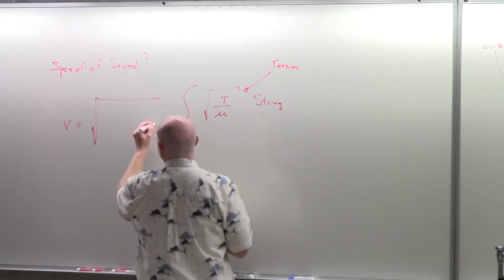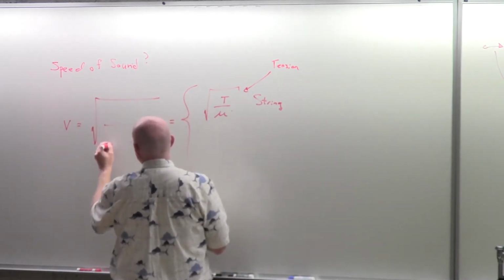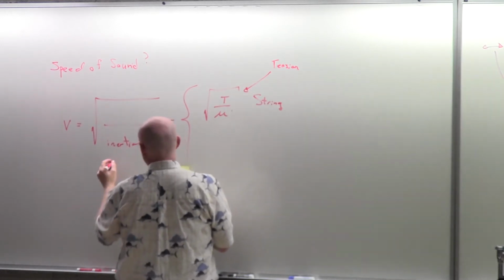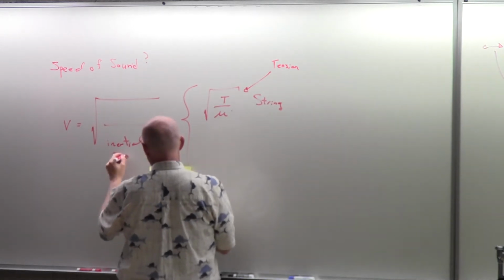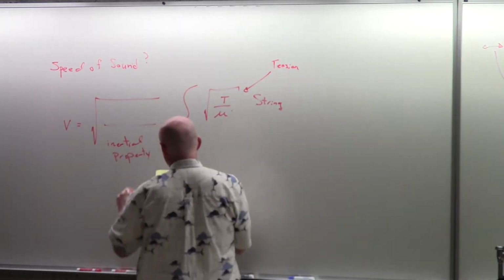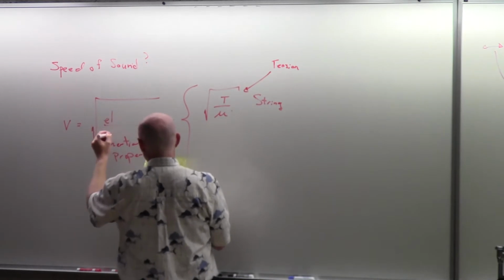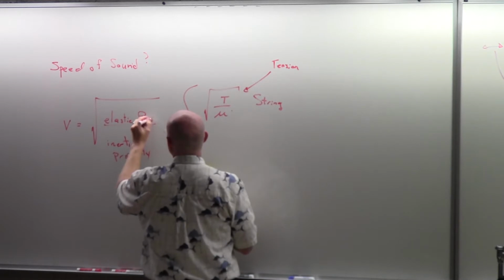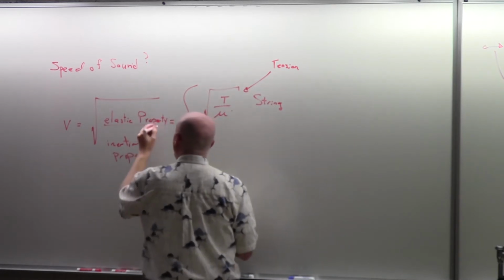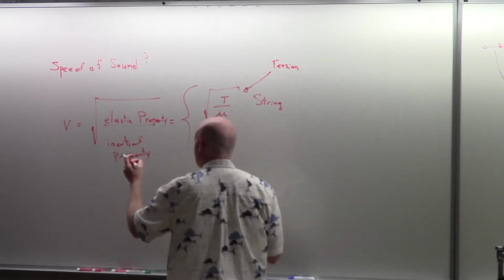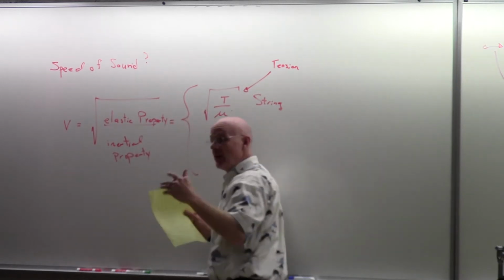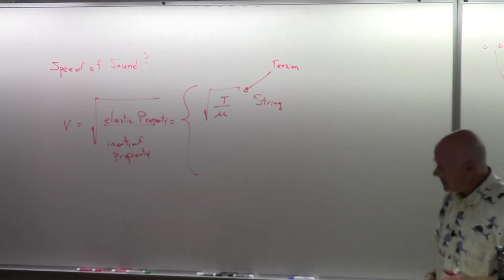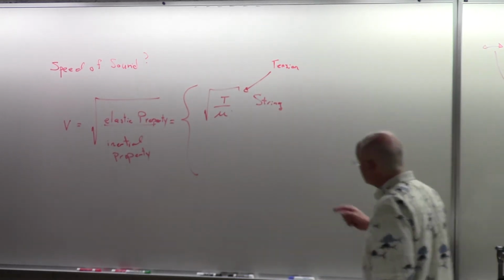All of our waves really involve a combination of some kind of inertial property and some kind of elastic property. Something that is pulling the material back to its original place, and something that resists it from going back. Usually it's mass, an inertia property. And that's the string.